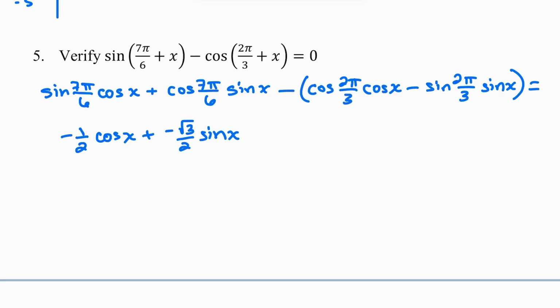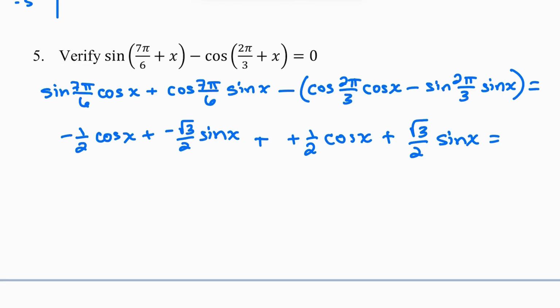So cosine of 2 pi over 3 is negative a half, but since I'm subtracting those two, they become positive. And then cosine of x. And then I'm going to distribute the negative, so that becomes plus. Then sine of 2 pi over 3 is root 3 over 2, and then sine of x.